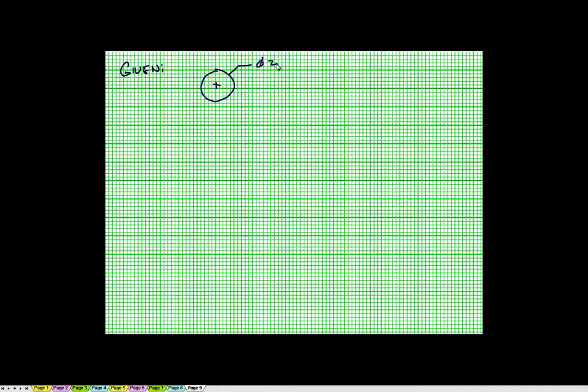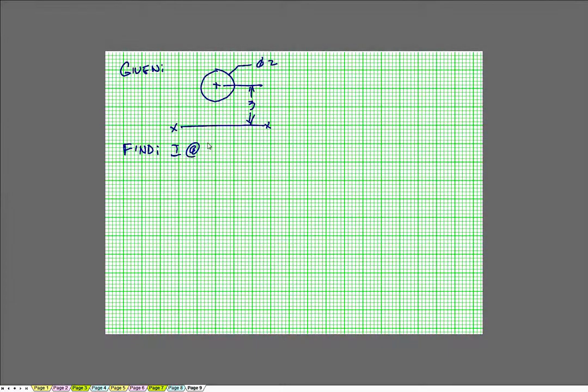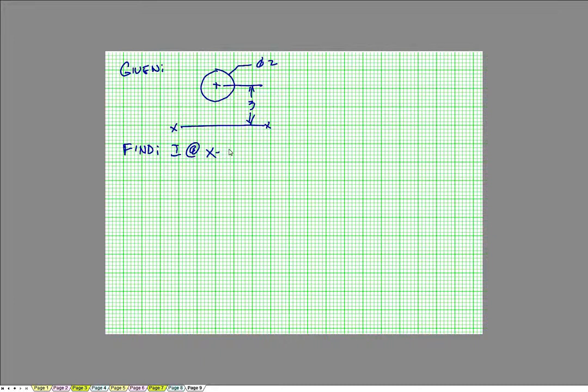Have a diameter here of 2, three inches above an x-axis. And I want to find the moment of inertia at the x-axis.